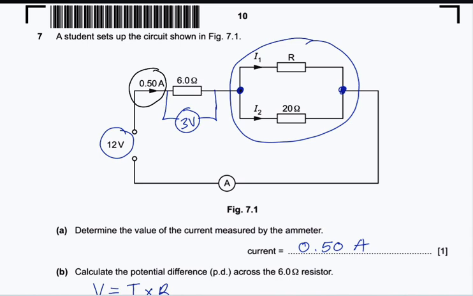When resistors are connected in parallel, they share the same potential difference. So this whole part will have 9 volts.